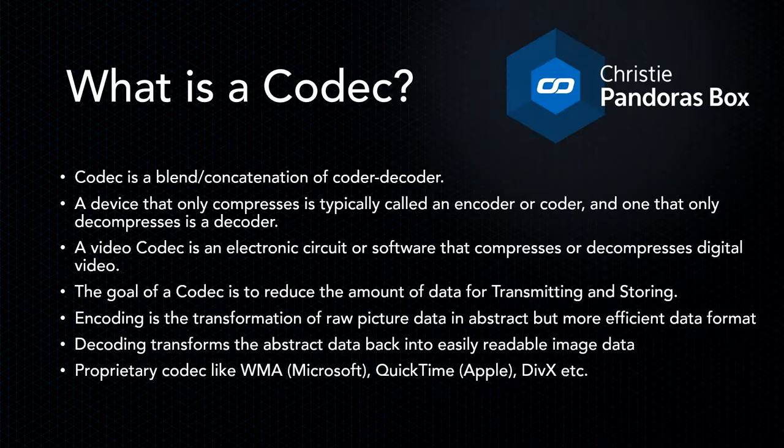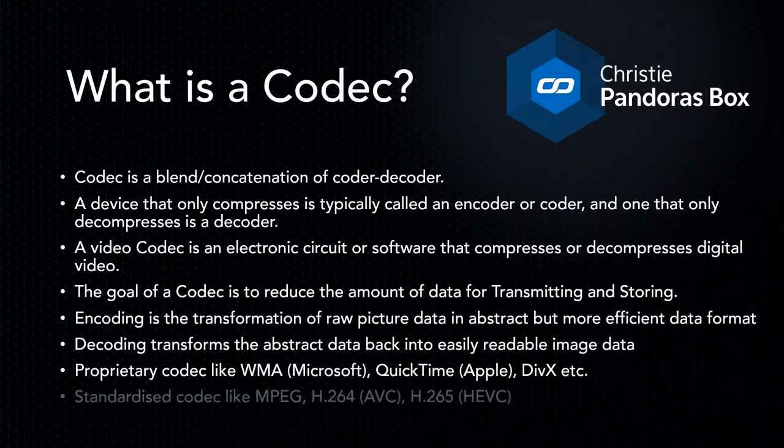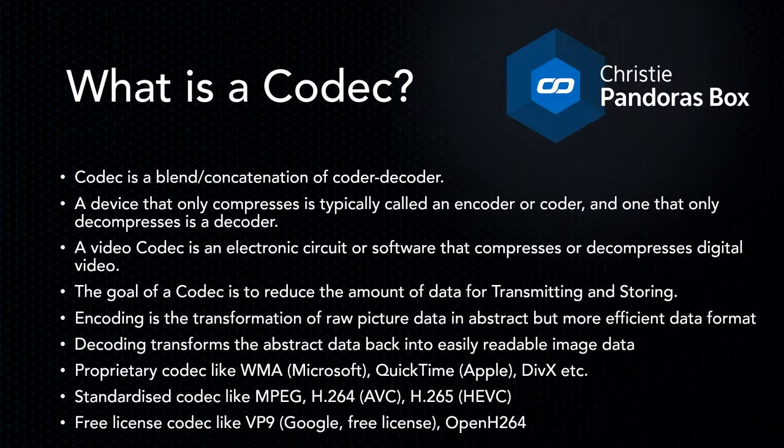But there are also, of course, standardized codecs like MPEG, H.264 or H.265. And of course, there are some free license codecs as well, for example VP9 from Google, which is free of license, and OpenH264. So that's a little overview.